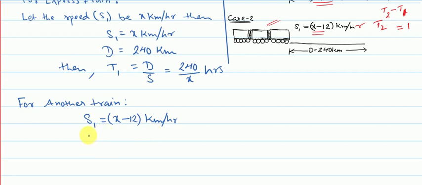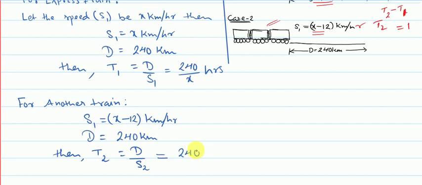The distance they are to cover is the same, so 240 kilometer. Then time taken will be d upon s2, so we'll get t2 equals 240 upon x minus 12 hours.